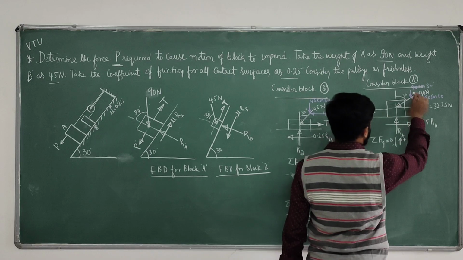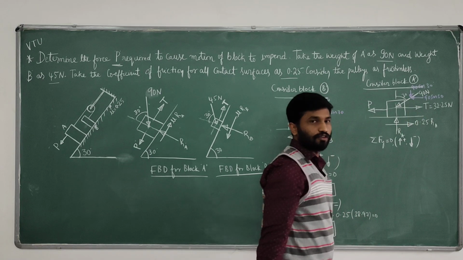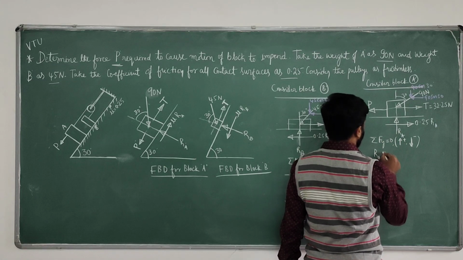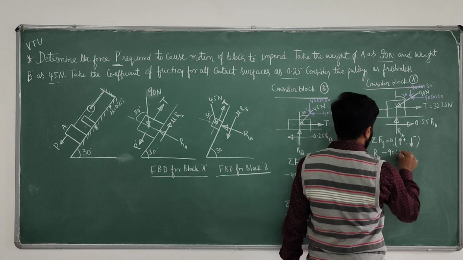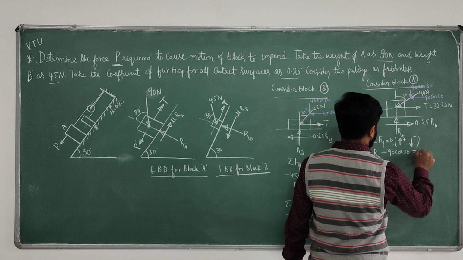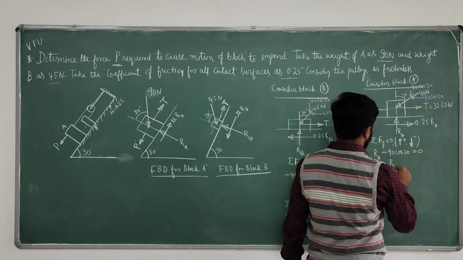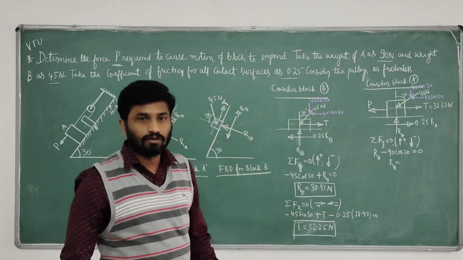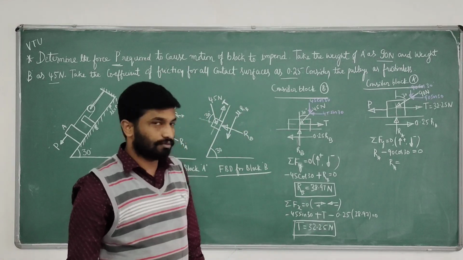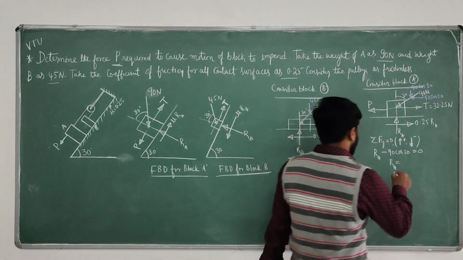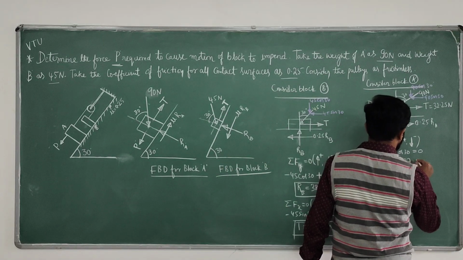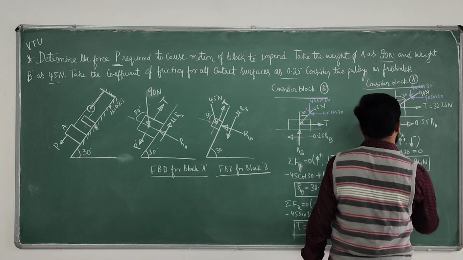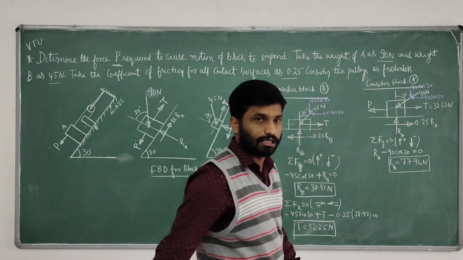Here 1, 2, only two vertical forces. Plus RA minus 90 cos 30 equals 0. So compute the value of RA. What is the value of 90 cos 30? 77.94 Newton. So this is the value of RA.